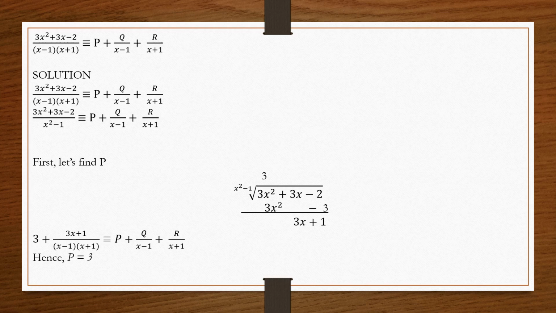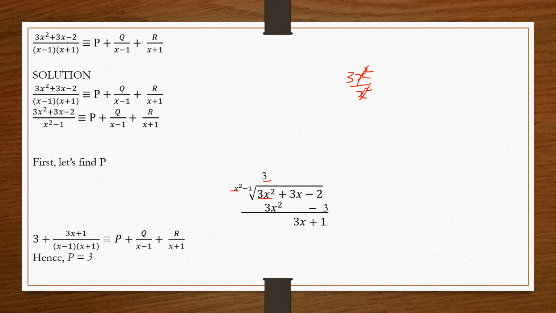I divided 3x squared by x squared. This will now cancel this, leaving us with 3, and that is why I have my 3 here.